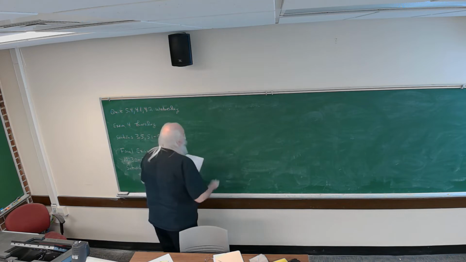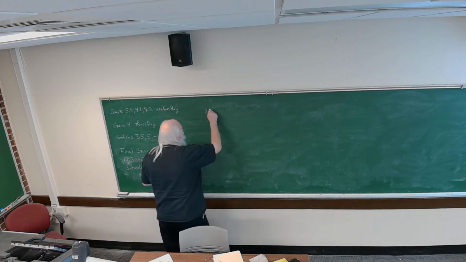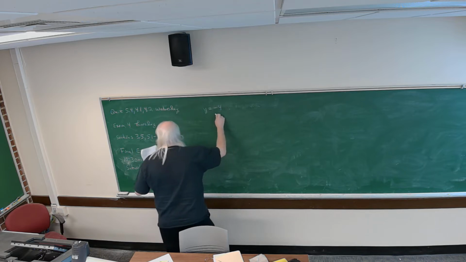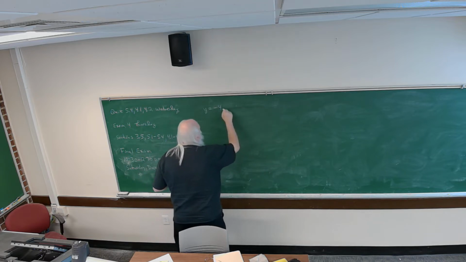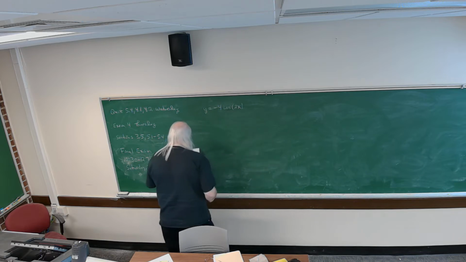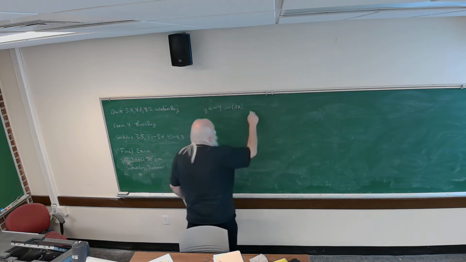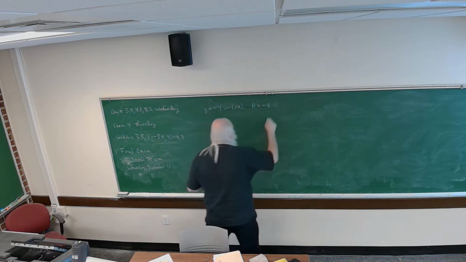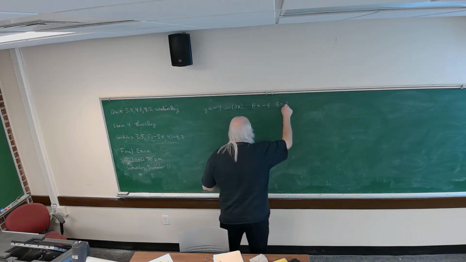In the first case, we have y is equal to minus 4 times the cosine of 2x. Well, a in this case is equal to minus 4, b is equal to 2.